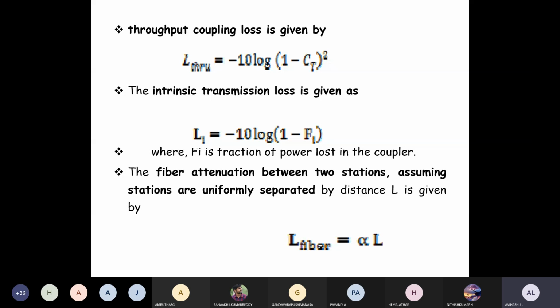L fiber, that means loss in the fiber, L fiber equal to alpha into L. L is the distance between the two stations. Alpha is the attenuation constant. So please make note of it, all of you.